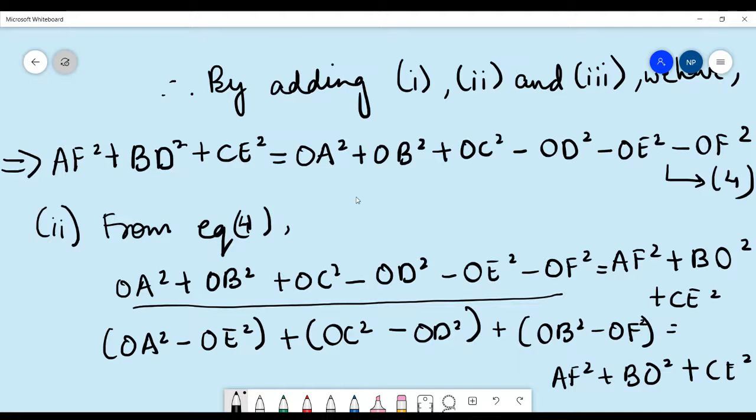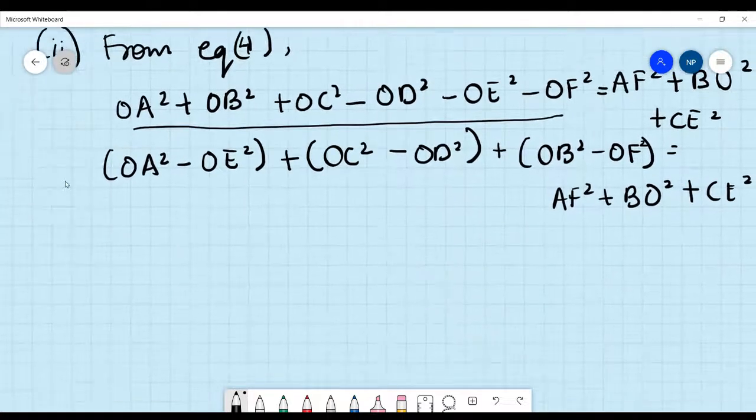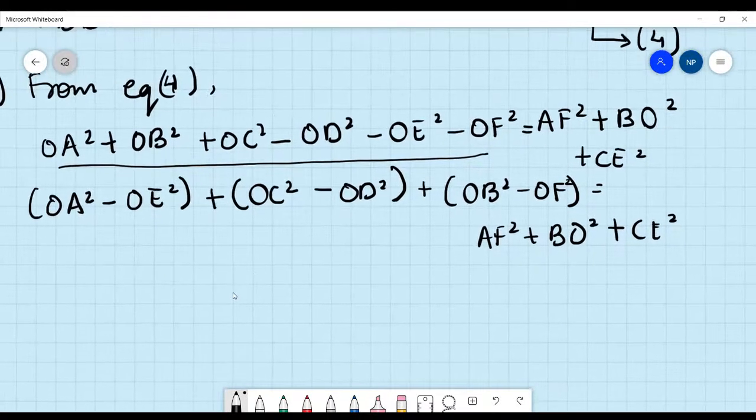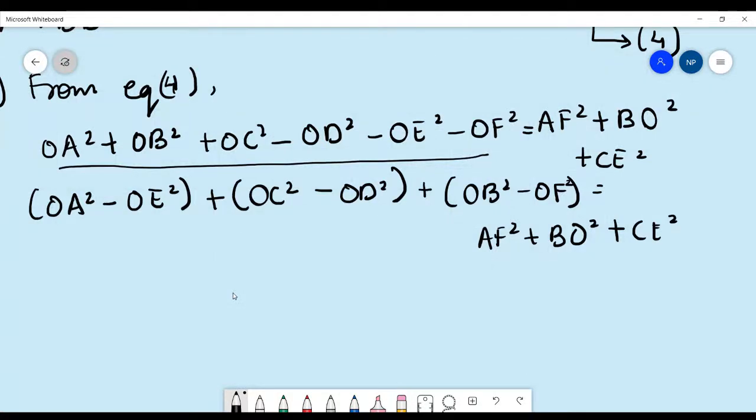So over here, if you see the diagram, children, OA minus OE, OC minus OD, plus OB minus OF, with the squares, is equals to RHS will be as it is. Now we will equate equation 4 and 5. Let this be equation number 5.